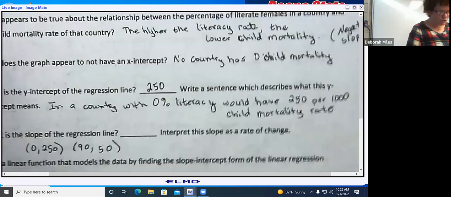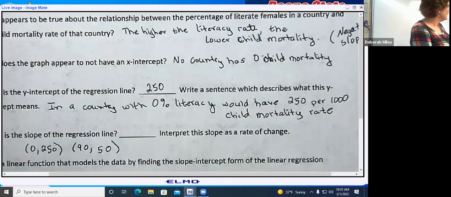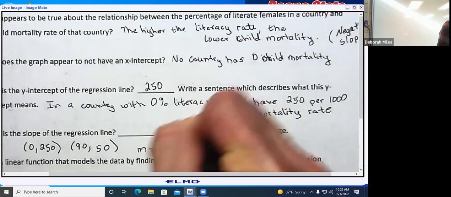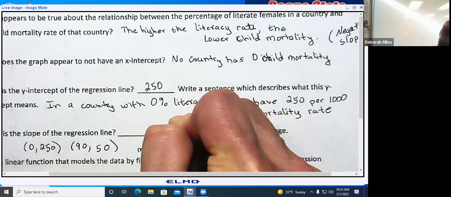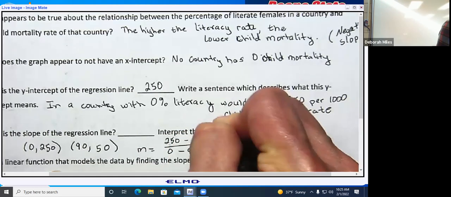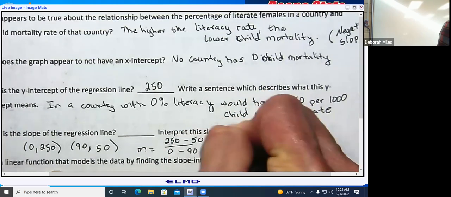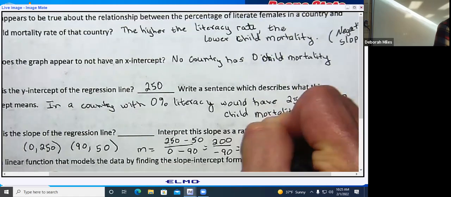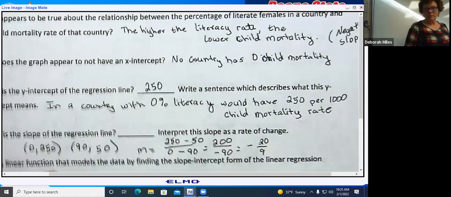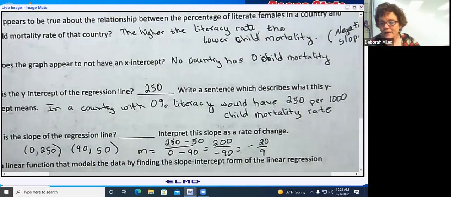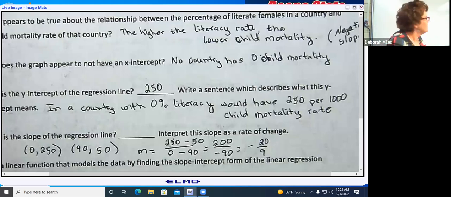So if we use those two ordered pairs, we could find the slope of the line. That slope is a little bit over -2. Negative, like we expected.